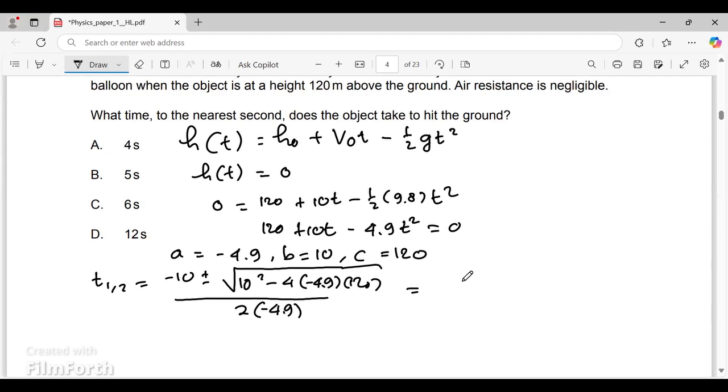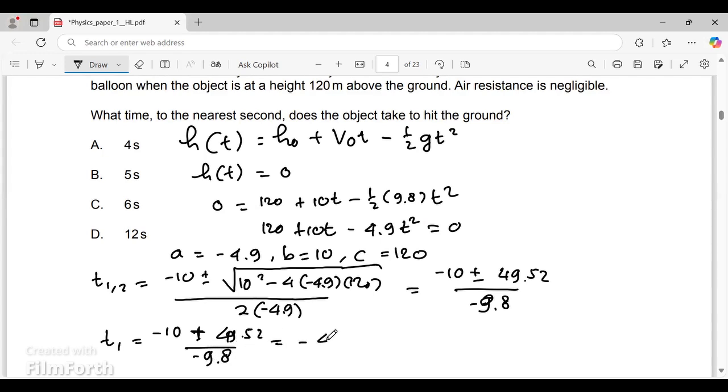If you calculate, this is minus 10 plus or minus the square root, and the result is 49.52, over minus 9.8. Okay, so t1 is minus 10 minus... no, minus 10 plus 49.52 divided by minus 9.8, and the result is minus 4.03.